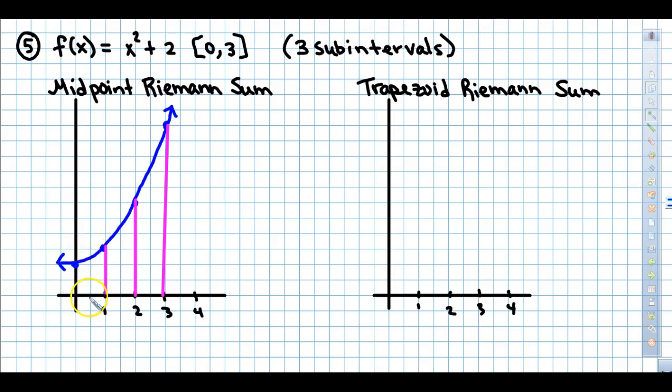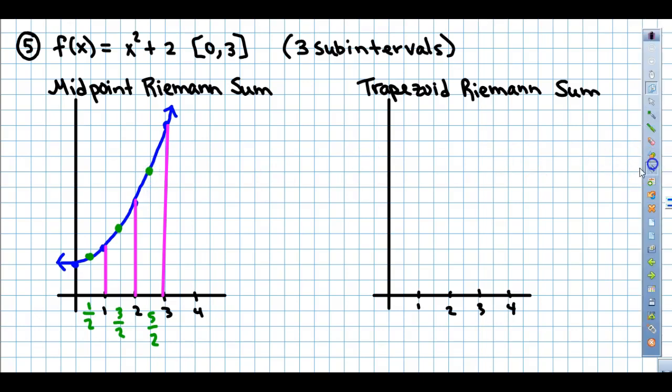So here my midpoint is 1/2. I'm going to come right here and put a point there. Here my midpoint is 3/2, or 1.5. I'm going to put a point there. And here my midpoint is 5/2, so I'm going to put a point there.